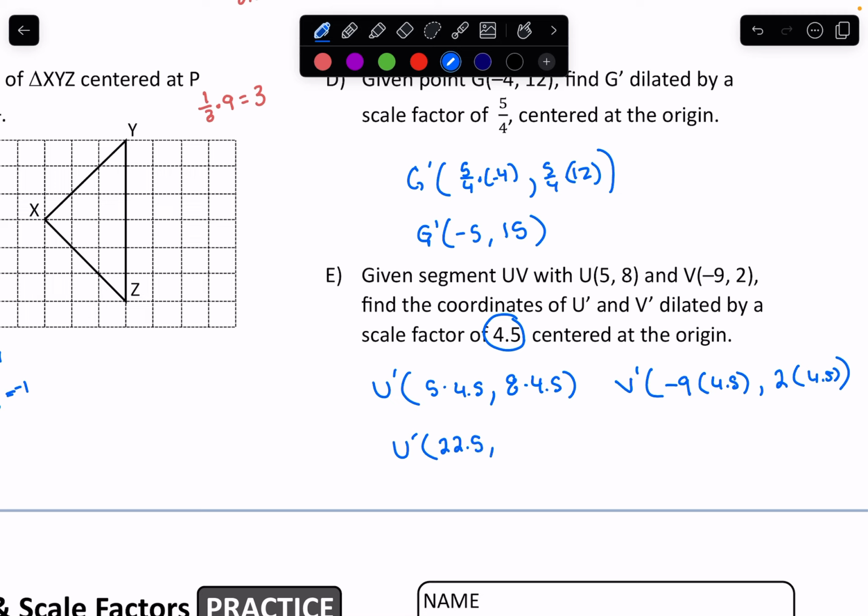I hope my math's right. 8 times 4.5 is going to be, let's see, 32 plus a half, 36. So U prime is going to be the point 22.5 and 36. V prime is negative 9 times 4.5. So negative 9 times 4 is negative 36 plus another 4.5, so negative 40.5. 2 times 4.5 is 9. So there's my new prime dilation points.